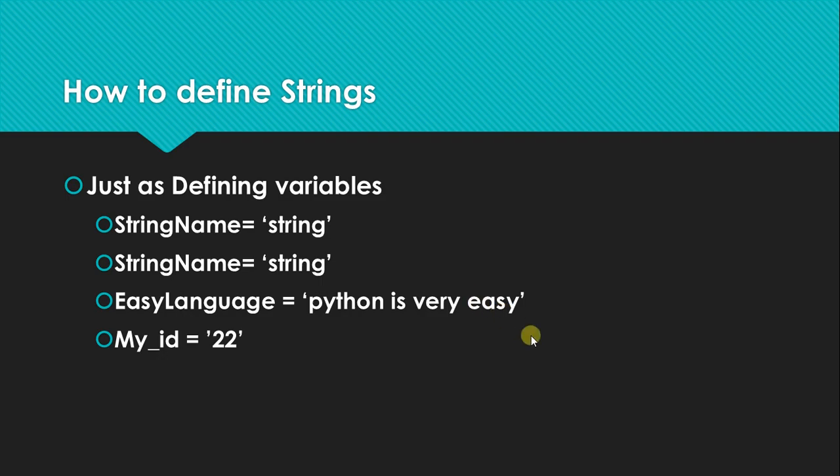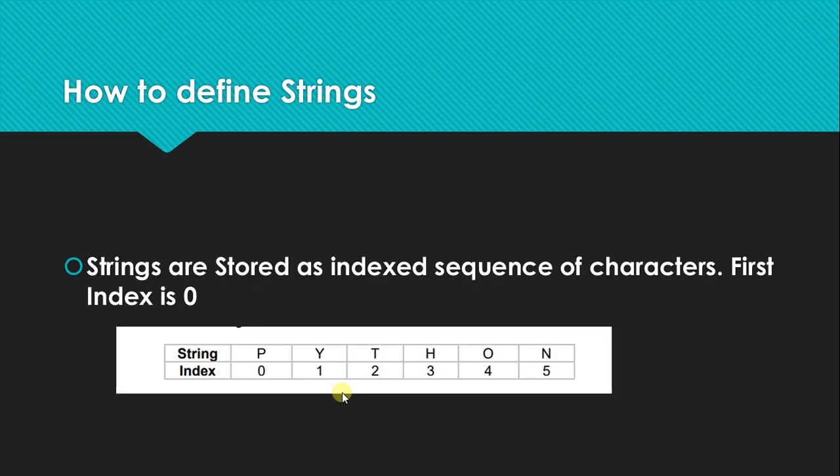This is a long sentence, but it's a string. Another example: my_id = '22'. Here 22 is a string, not a number, because of the quotation marks around it. In this tutorial, we are going to be using more of the single quote, though the double quote works the same way for you.